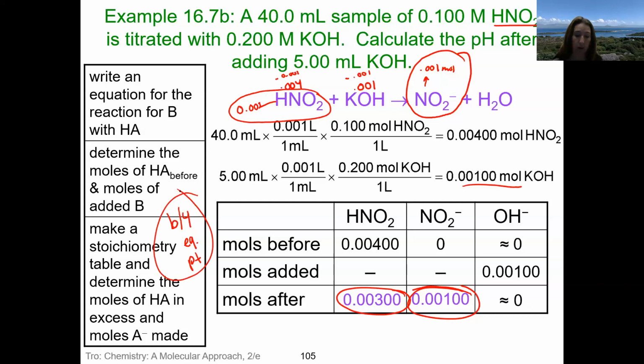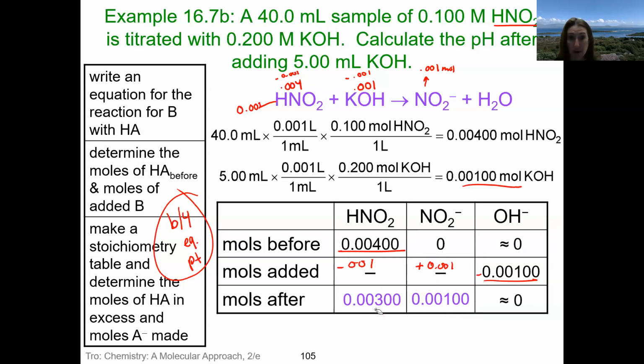Then we're like, okay, well, what happened here? Well, I'll use my moles table. We had this much, and then it reacted. It went down by 0.001, and this went up by 0.001, and this went down by this. Now, how do we know that this is a buffer?